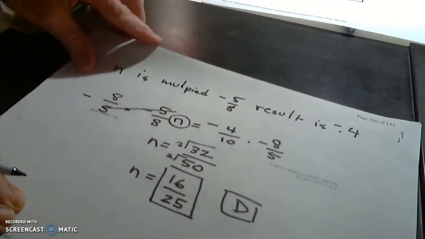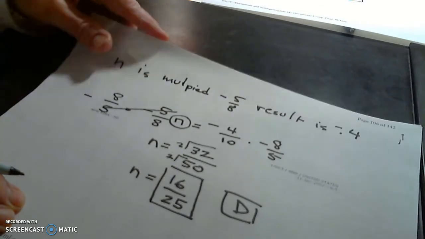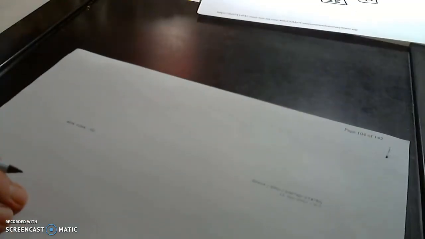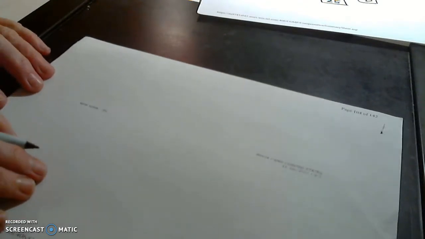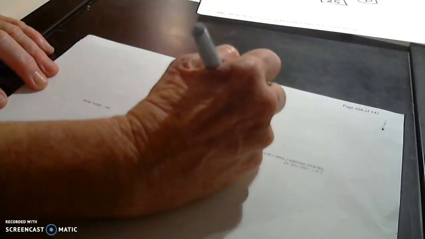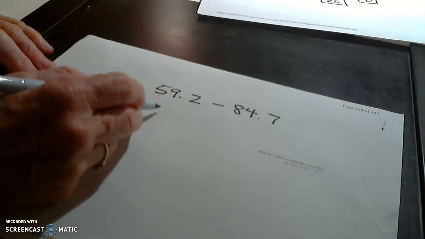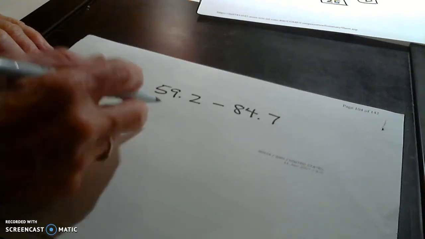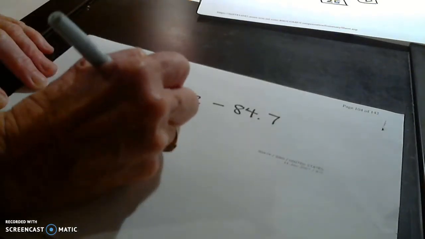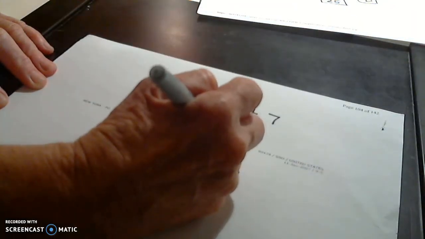Third question, which expression has the same value as 59.2 minus 84.7? I really don't even need to solve this. 59.2 minus 84.7, I scan my answer choices, and I see basically what I'm doing is really just adding a negative 84.7 to a positive 59.2.